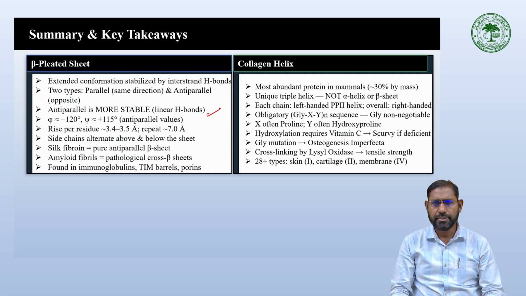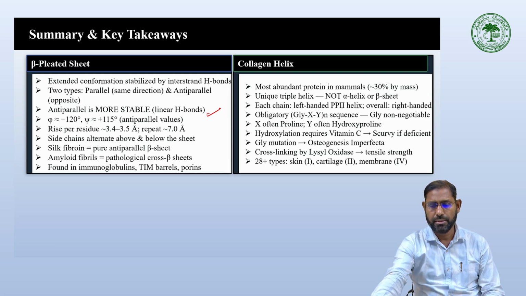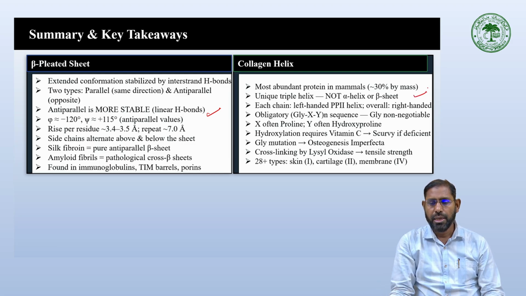Collagen is the most abundant protein in mammals, almost 30% by mass. The unique triple helix is not an alpha helix, not a beta helix. Each chain is a left-handed helix.